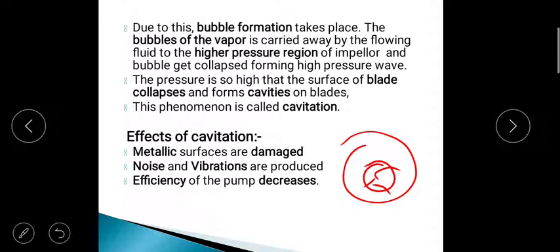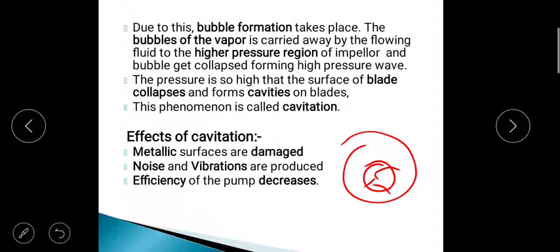Because of this collapsing of the bubbles, it starts eroding the material. It will hit near the material of the impeller blade, and at that time it will start collapsing and create a shock wave, because of which there is removal of material of the pump. That material is carried again towards the delivery pipe.